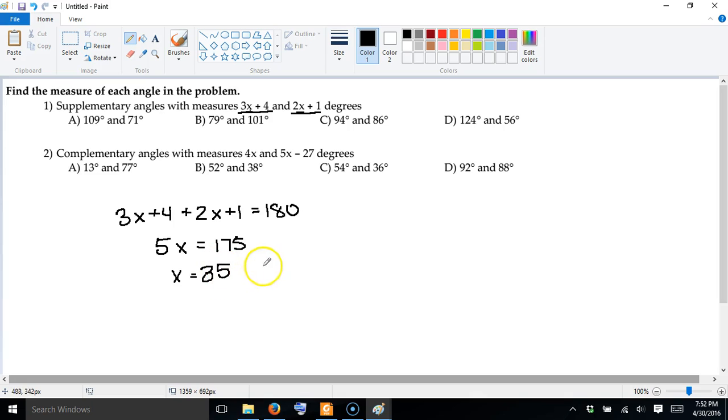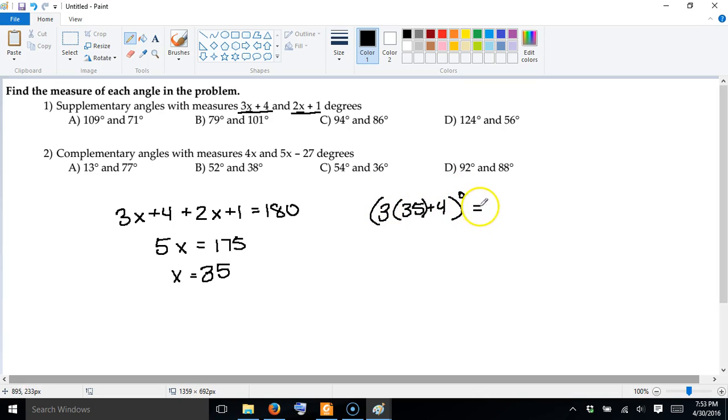The next step to figure out your two supplementary angles is simply to plug it back into each expression with x. So for this one, 3 times 35 plus 4, we can put parentheses around it, that many degrees.